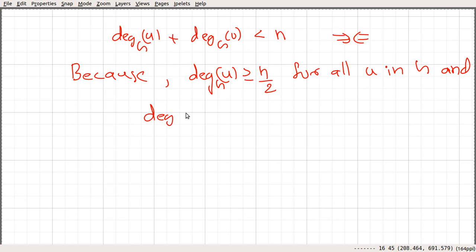Let me call this a U dash, in order to make these two things different, for all U dash in G. If we take this sum, the degree of U plus the degree of V in G is greater than or equal to n by 2 plus n by 2, which is equal to n.